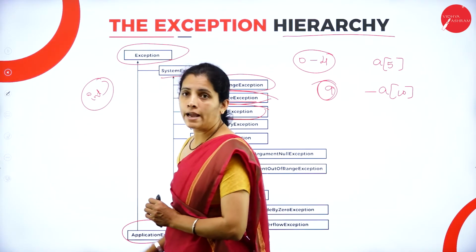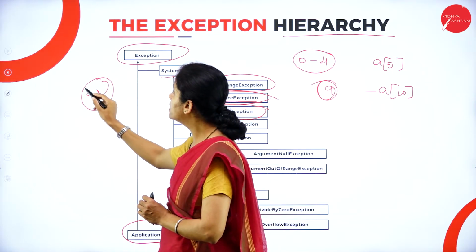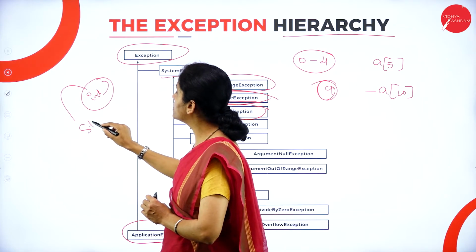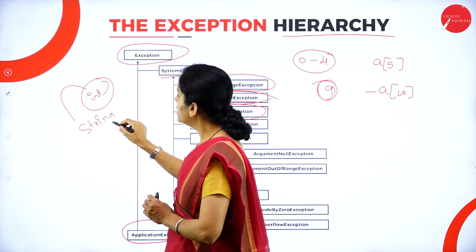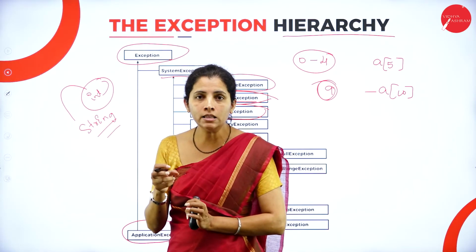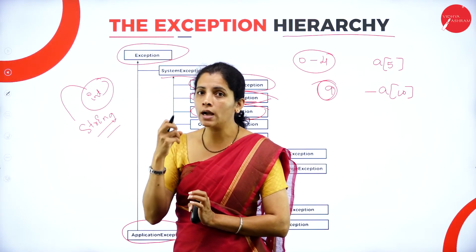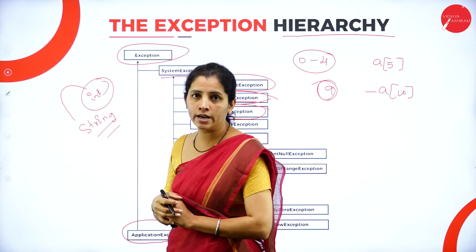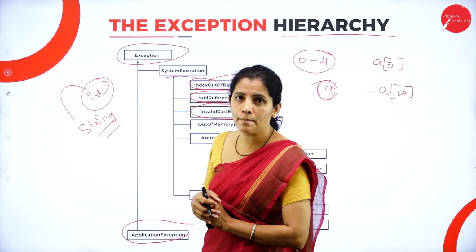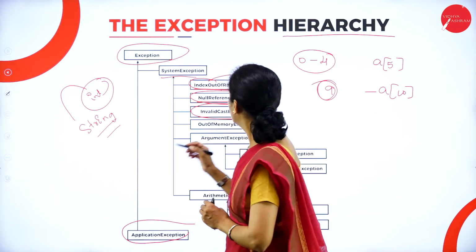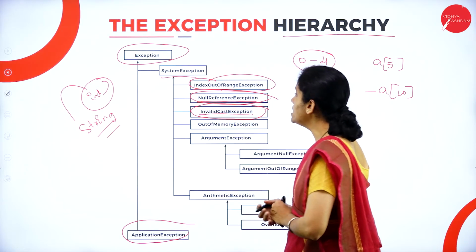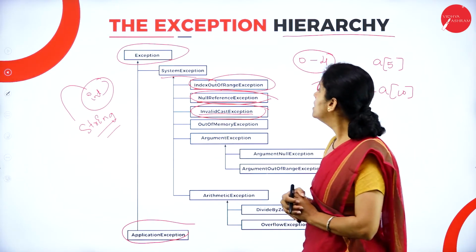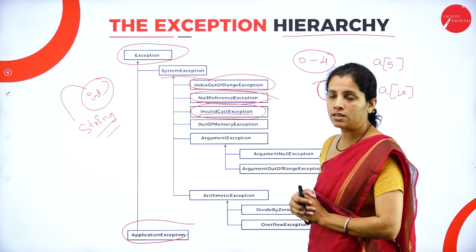Now I'm trying to convert this integer to string, and whatever method I use to convert integer to string is not supported by C# programming, and at that time you're going to get the invalid cast exception.